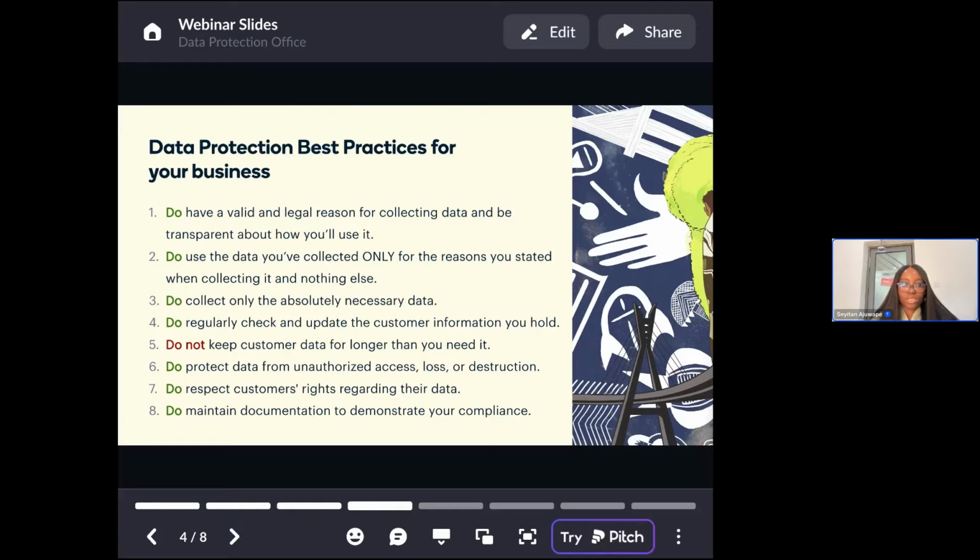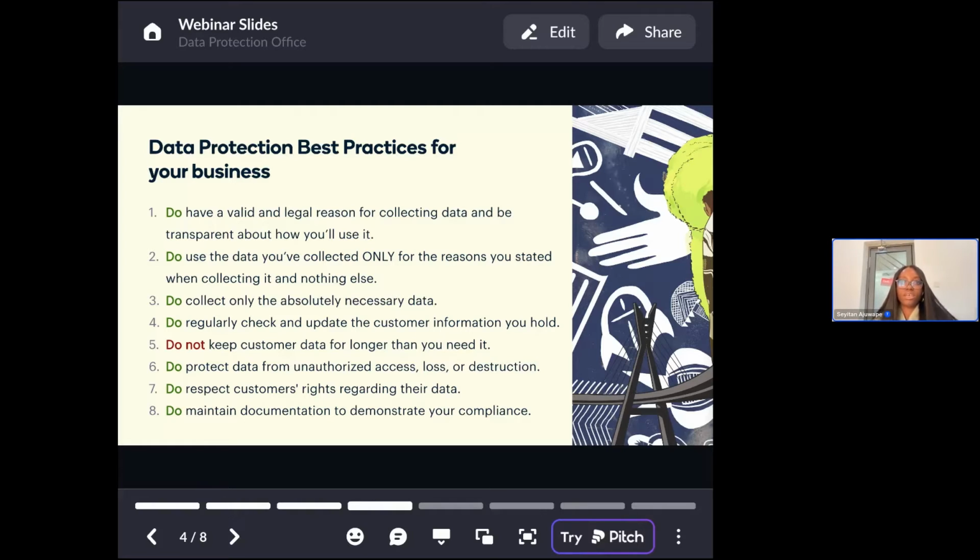All right, so to the seventh point, respect customers' rights regarding their data. This just means that you must have a process in place for your customers to be able to exercise their rights as data subjects. And those rights can be erasure, like your customers can reach out to you to ask you to erase their data.